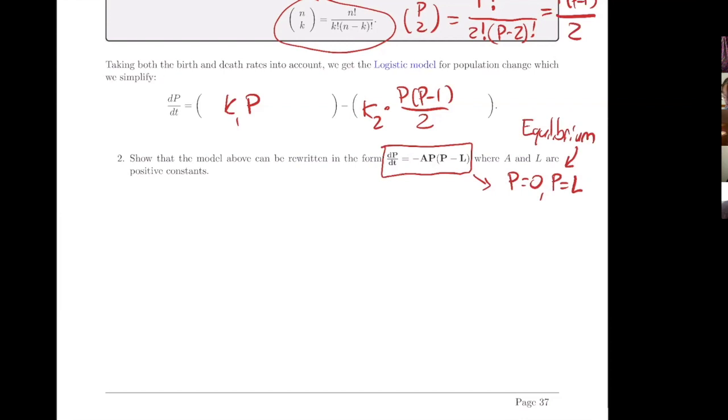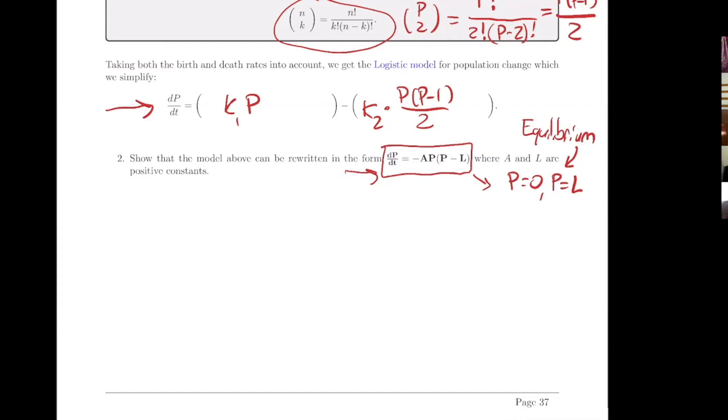So it's going to be useful to take this model that we have written up here and rearrange it so that it looks like this, because it's going to be easier to identify equilibrium when it's written in this way, and it's also going to be easier to solve the differential equation when we write it like this.